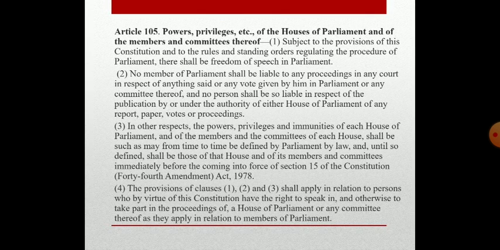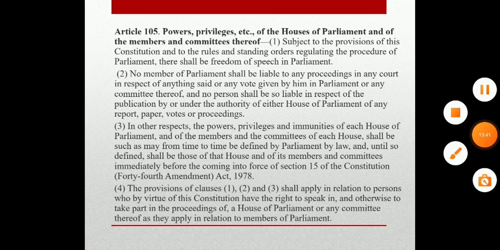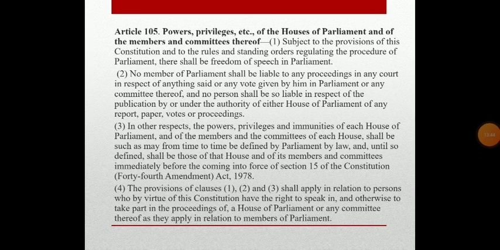Until that law is made, the position of the powers, privileges and immunities will be similar to that before the commencement of the 44th Constitutional Amendment Act, 1978. I think this is very clear to you now. So far the position is the one which was before the 44th Constitutional Amendment Act's commencement.